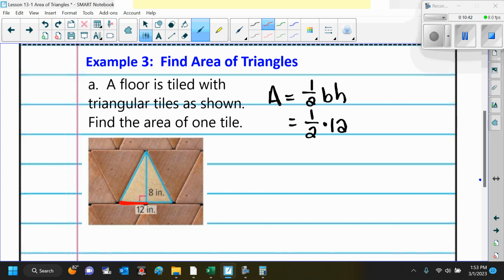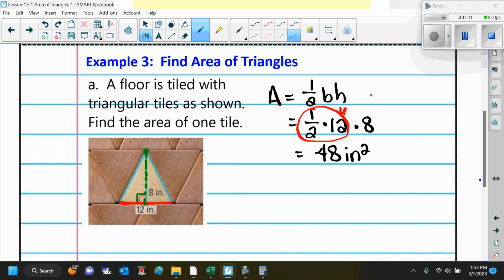I'll highlight it again for you. There's 12. And then the height, from the vertex, drops down to the base to a right angle. So the height is 8. So here we have half of 12, which is 6, and 6 times 8 is 48. So this is going to be 48 inches squared.